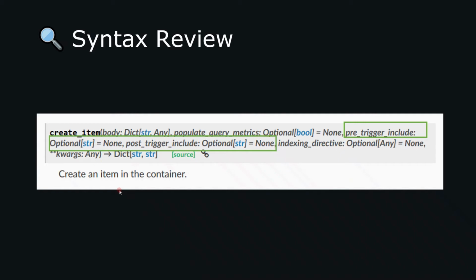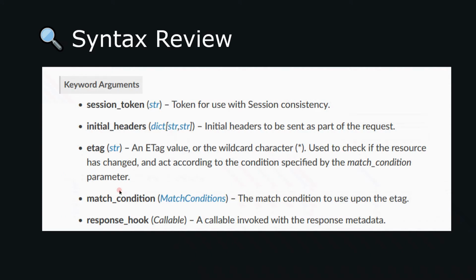The same is said for the post-trigger include. So this documentation is saying that it's passed as a parameter, whereas the previous documentation is saying that it's passed as a keyword argument. What we also notice is that within the same documentation, the one that says you need to pass it as a parameter, the keyword argument list does not include a pre-trigger or a post-trigger include.